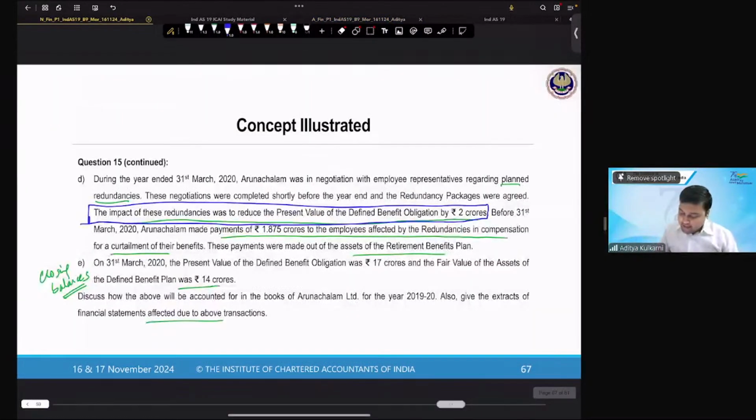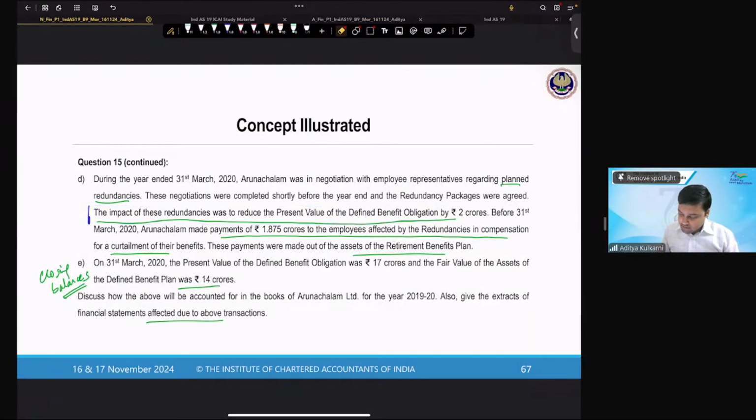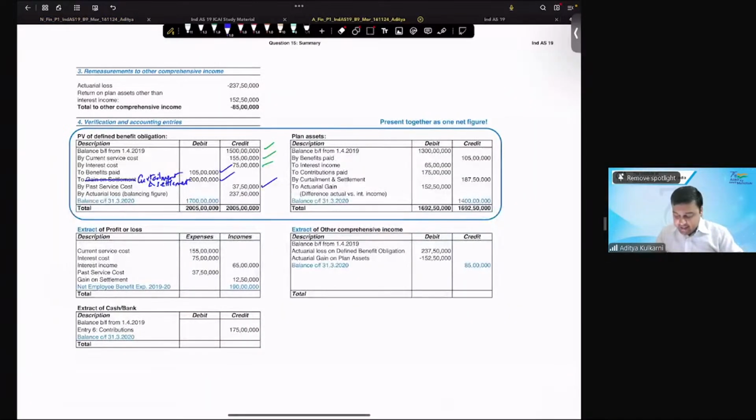I think you are reading the next sentence also. Correct? Arunachalam made payments of 1.875 crores. We'll come to that. But filhal, are you convinced on all these items? Yes, sir. Right now, there is no doubt.